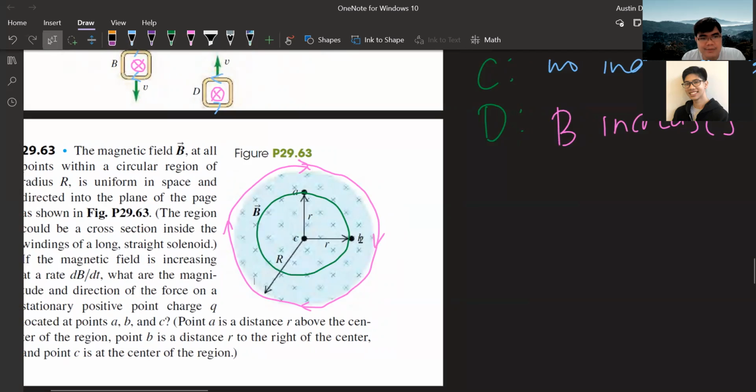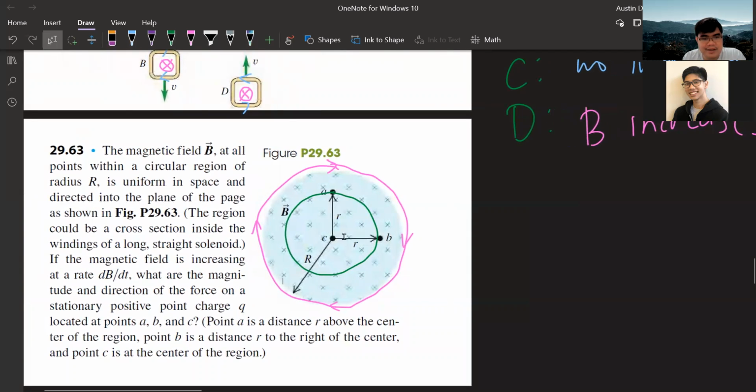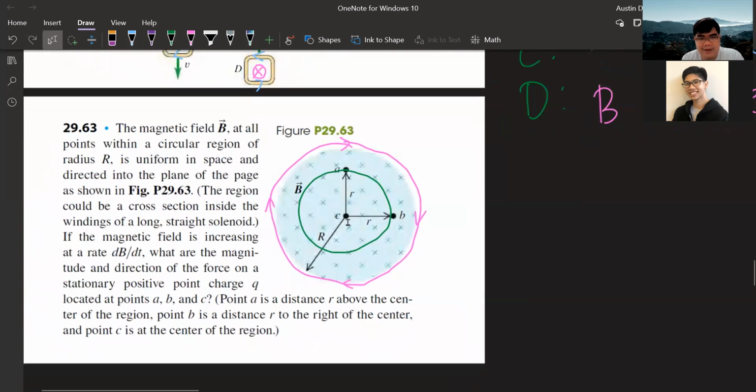Kapag dinagdagan ko yung magnetic field in this region sa inside, di ba sabi, increasing daw with the rate of dB over dt. Therefore, I just increase the current. Tama ba? I increase the current, I increase the magnetic field, and increasing magnetic field induces a current through this wire. Okay? So, ayaw ng nature ng change.